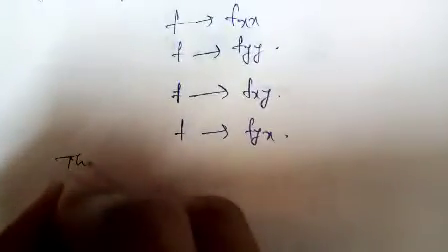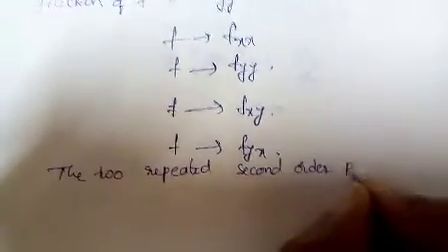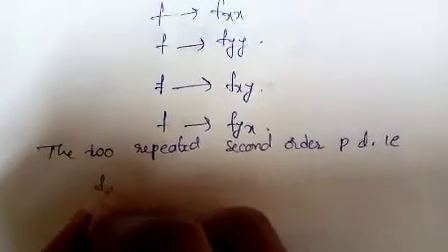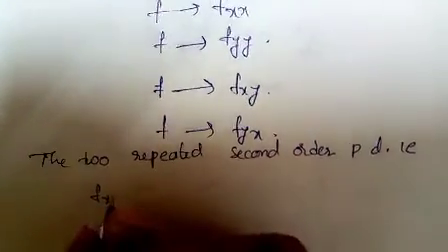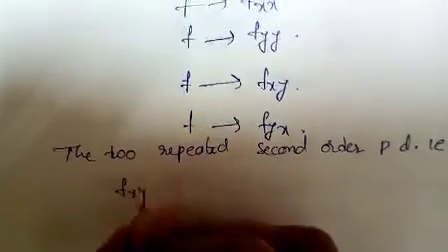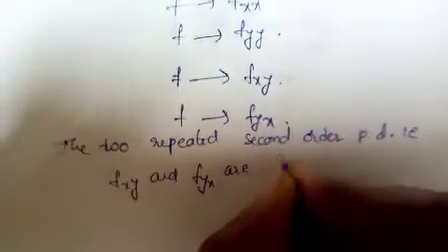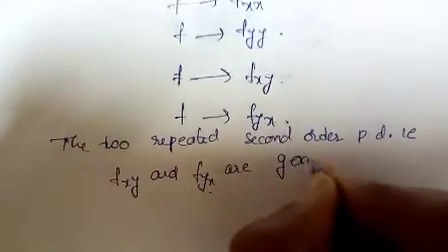It is depending on the given functions, but it is not always equal. So now we have to write the two repeated second order partial derivatives, that is fxy and fyx, are generally equal.